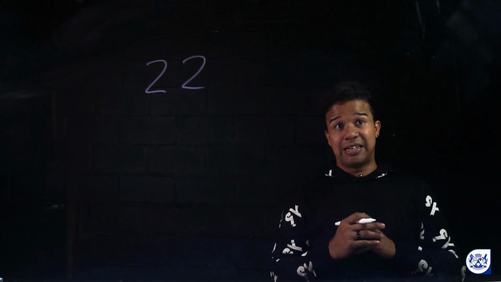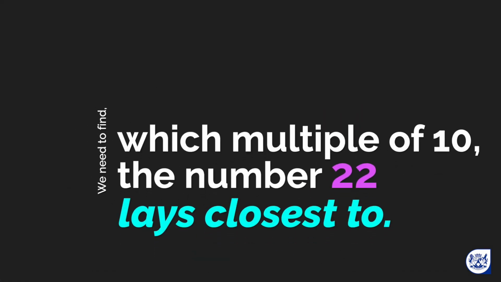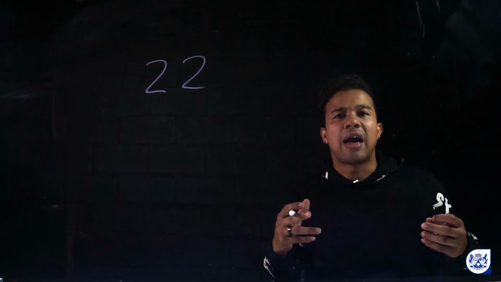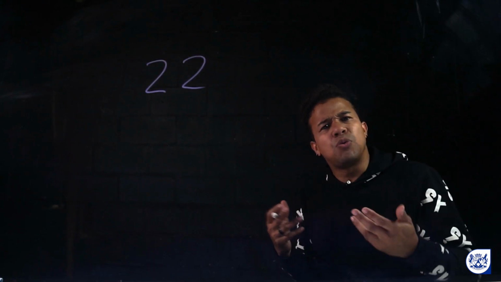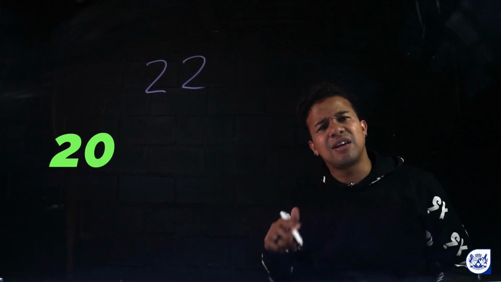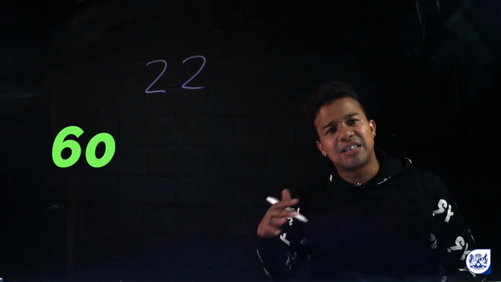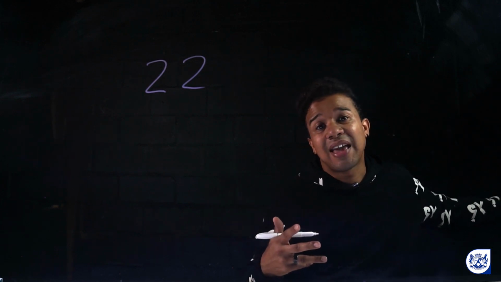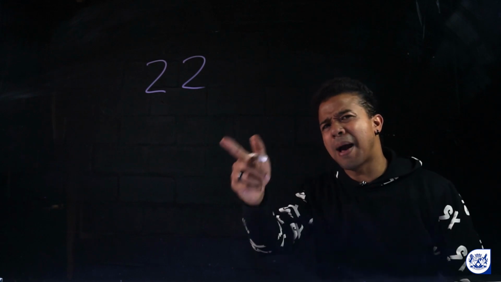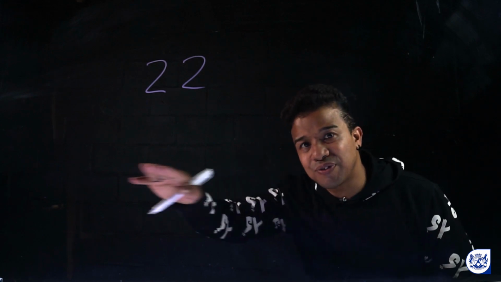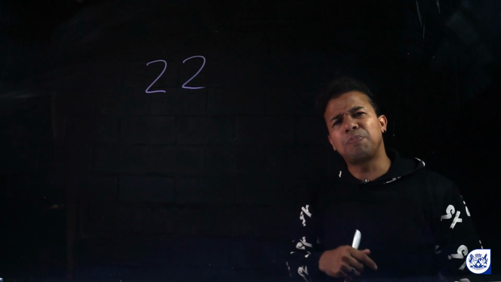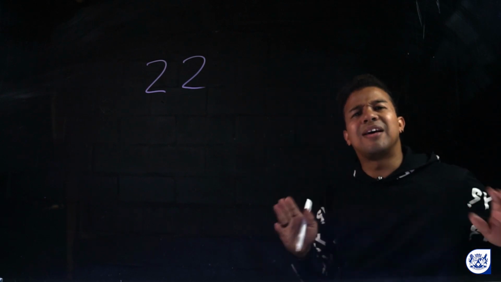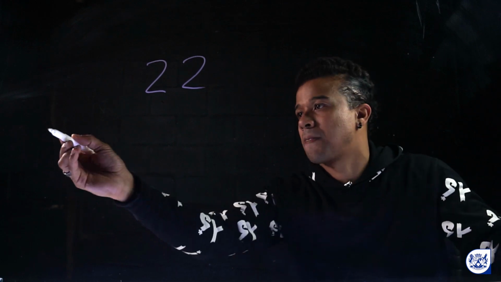Essentially, what they mean is that we need to find which multiple of 10 the number 22 lays closest to.